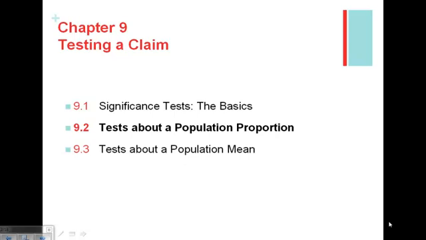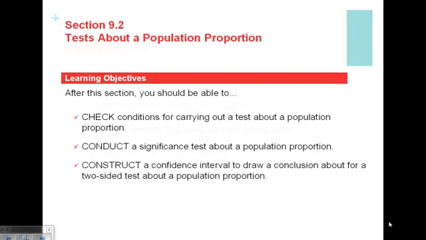Today, in particular, we're only going to be talking about claims about population proportion. At the end of this, you should be starting to memorize the conditions associated with a test of population proportion. We should be able to actually conduct those tests using the infamous four-step process.